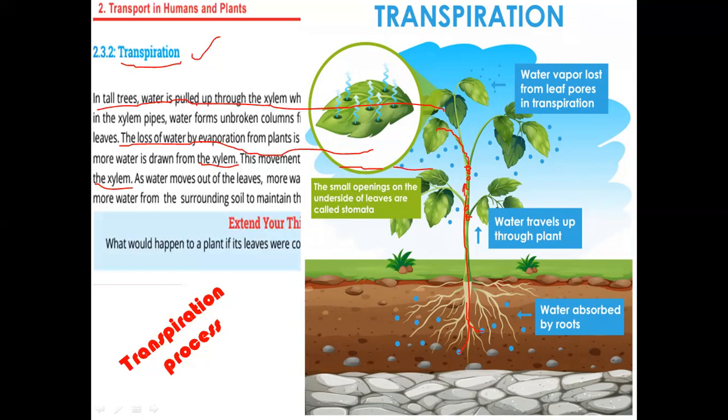When they move upward, water will move from the outside of the soil into the roots, and then it makes columns, or a string, like a counter on which we read our tasbih of subhanallah, alhamdulillah.